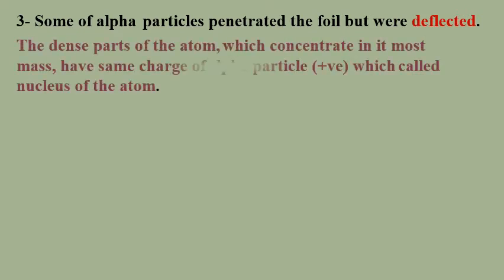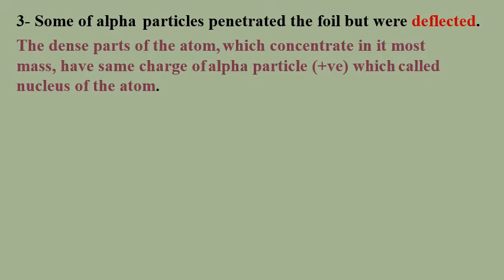Next, number three, he observed that some alpha particles penetrated the foil but were deflected. Why? This means that the dense part of the atom, that is concentrated in the center of the atom, is charged with a positive charge.